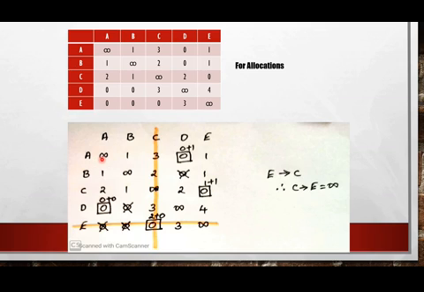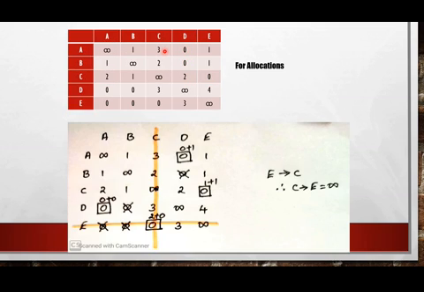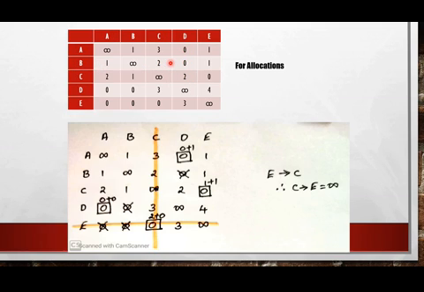So in the next matrix that I write, this value will be made infinity. So the next problem that I get is infinity 1, 0, 1. Then 1, infinity, 0, 1. 2, 1, 2, infinity. This 0 became infinity, na? So 2, 1, 2, infinity.